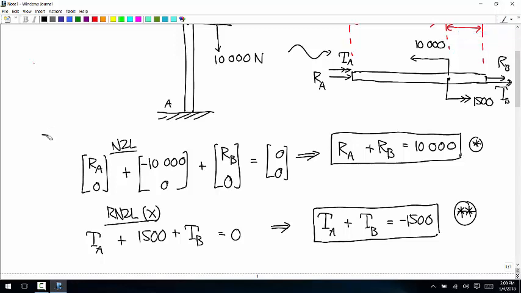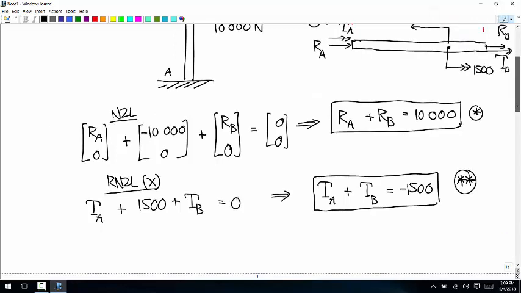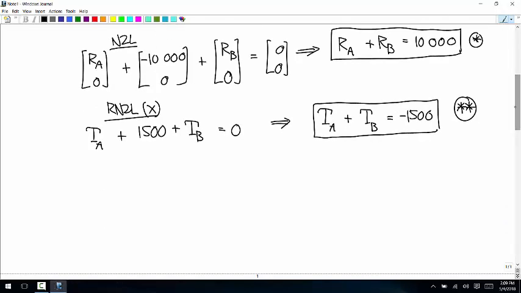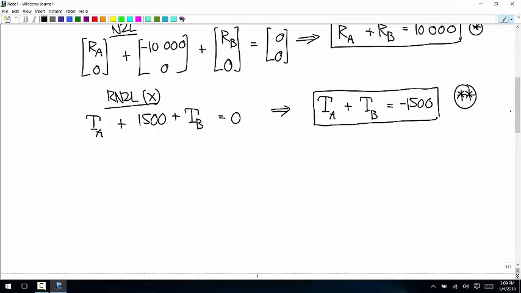Now we're done with the statics, and we can't solve for anything, so we know it's a statically indeterminate system. So now we have to figure out what the internal loads are. We know that we're dealing with tension, compression, and internal torque. Those are the only internal loads we have to calculate.